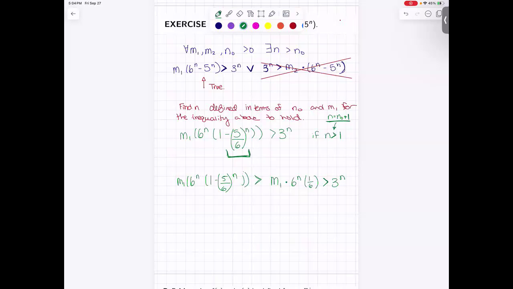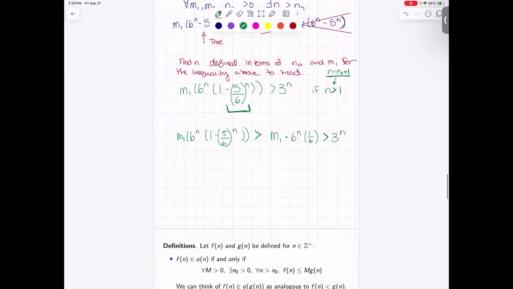So if we divide both sides by 3 to the n, what can we come up with here? Let's take a look at that. Let's rewrite this as m1 times 6 to the n over 6, which is greater than 3 to the n.